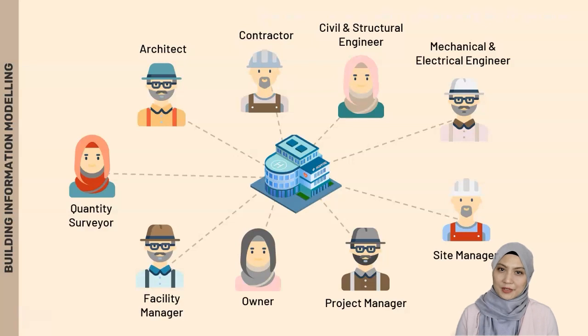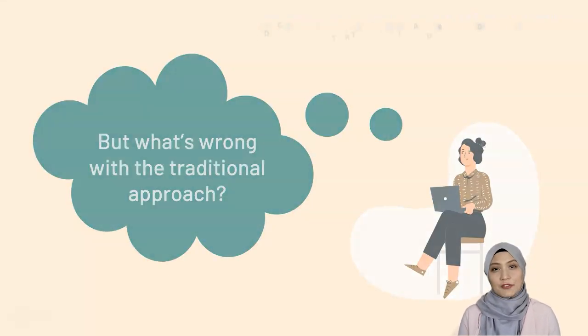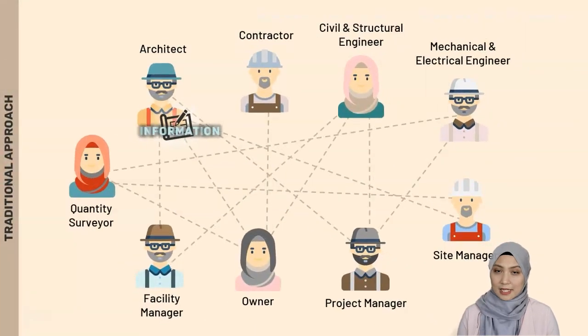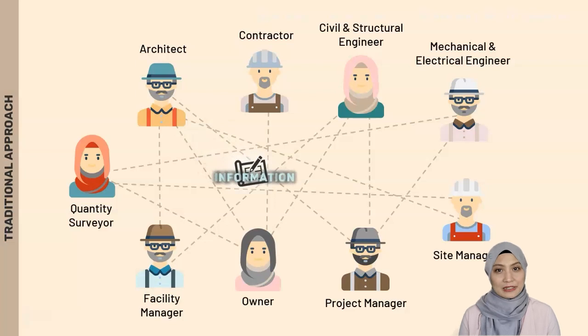But you may be wondering, okay, BIM is more organized, but what's wrong with the traditional approach? In traditional approach, after architect completed a design, drawings will be produced in 2D and will be printed on papers in certain scale.